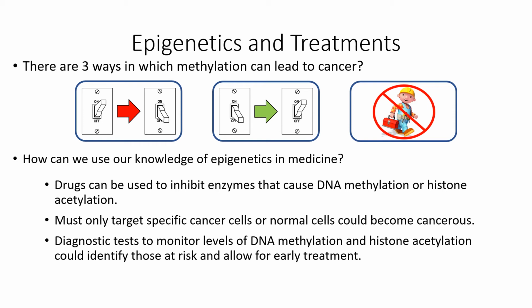We can use other drugs to switch off enzymes, inhibit them and destroy them, that would normally have methylation occurring. And we can also diagnose by looking at the DNA for heavily methylated sites that we know are associated with people who are high risk for cancer.